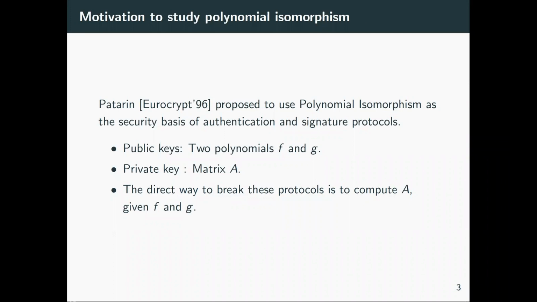If we consider our previous example as a cryptosystem, the public keys are f and g, the two polynomials, and the private key is the invertible matrix A. The direct way to attack this protocol is to compute the private key A.